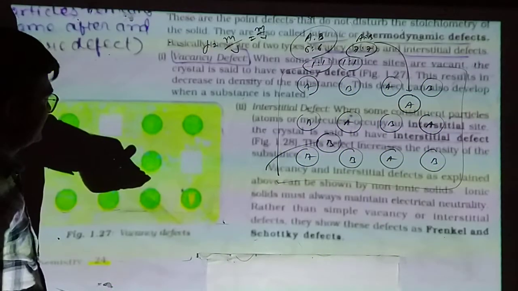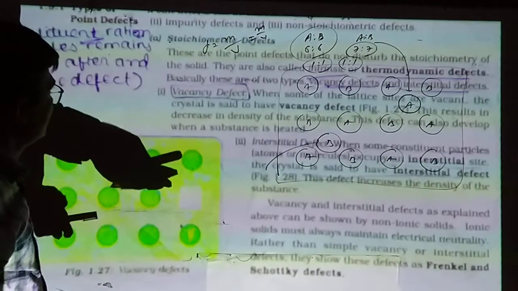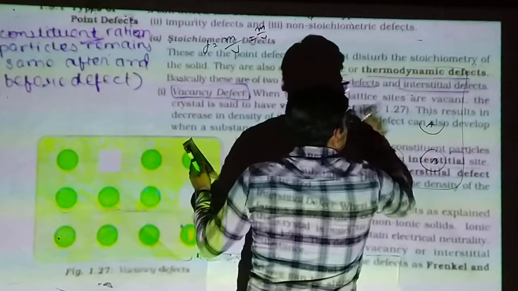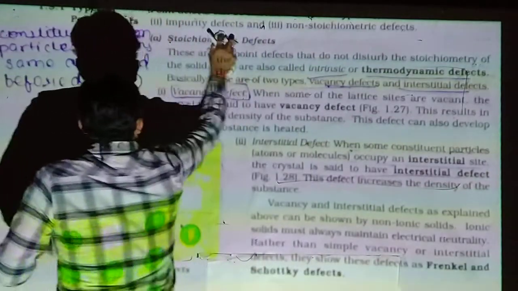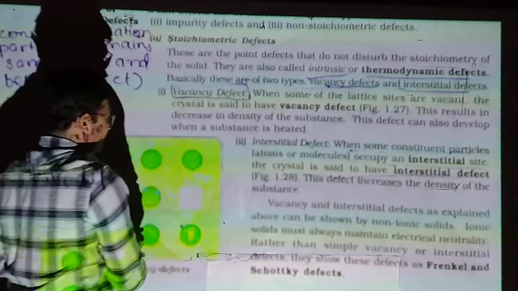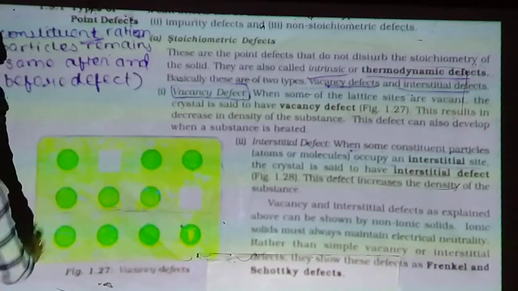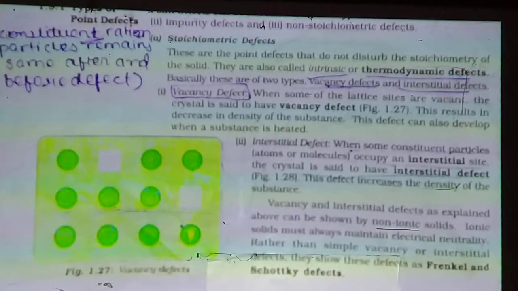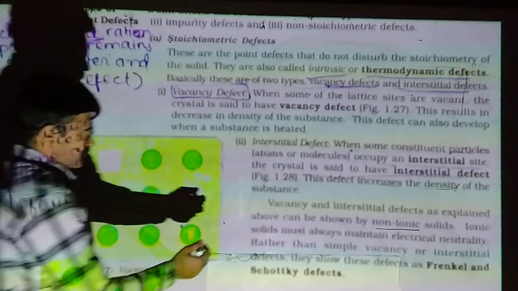But now remember, both the stoichiometric defects, vacancy and interstitial, only occur in non-ionic solids. Understood? Underline it.